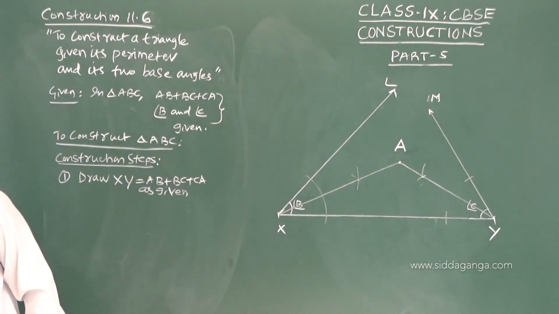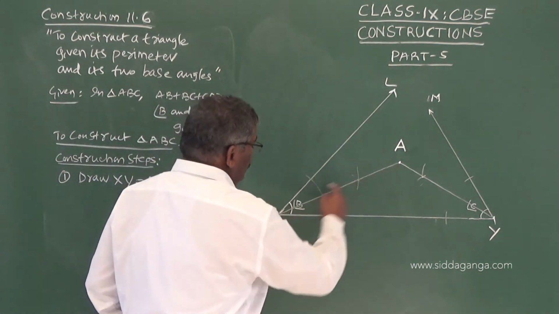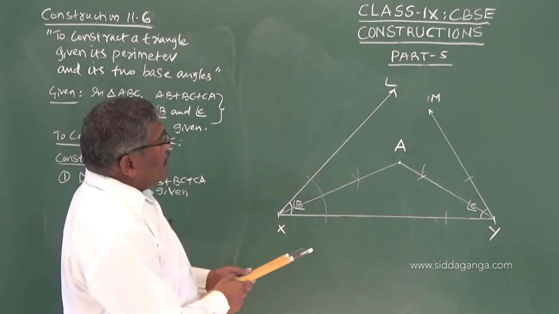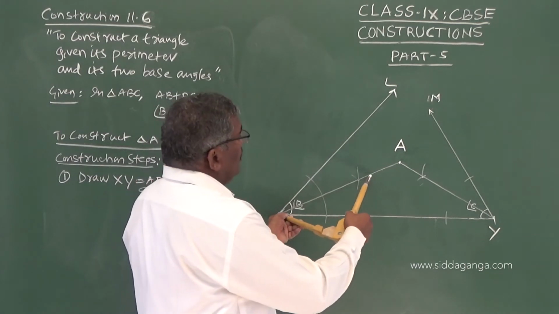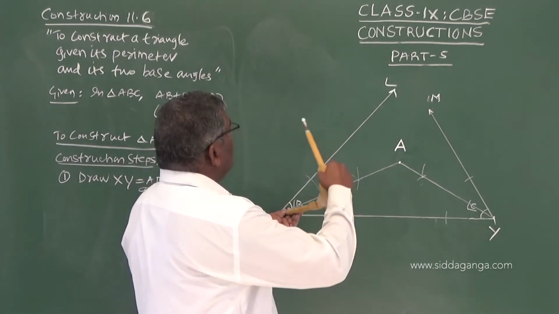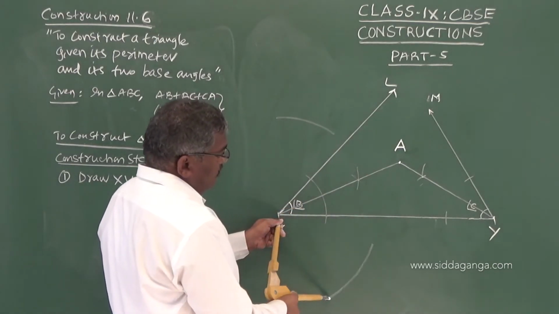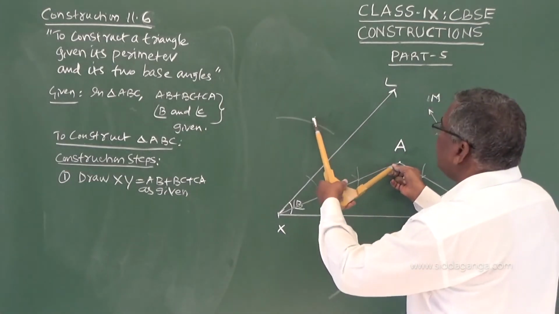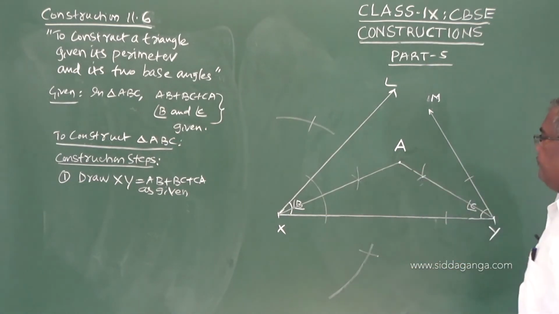Now the next procedure is, you draw the perpendicular bisectors of these two angle bisectors, that is, the perpendicular bisector of AX. So you take more than half of AX, you draw an arc here, draw an arc at the bottom, and with the same radius, with A as center, draw an arc at the top, and cut the arc at the bottom.